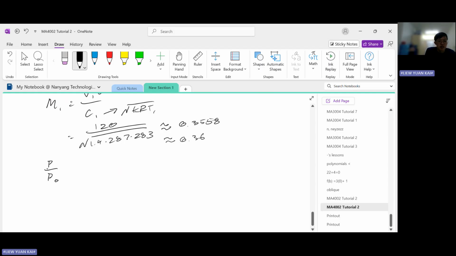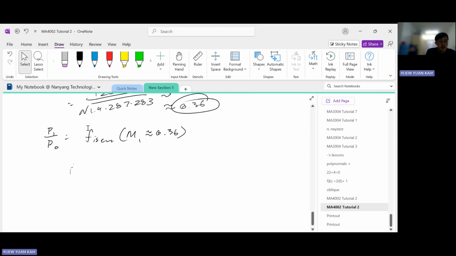So applying this to point 1, P1 over P naught, this pressure ratio is a function of the Mach number at point 1. And we found that the Mach number at point 1 is 0.36. So let's go ahead and substitute whatever we know.